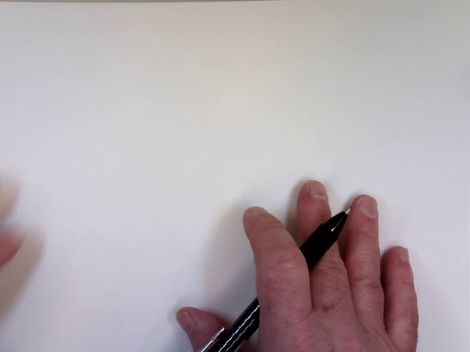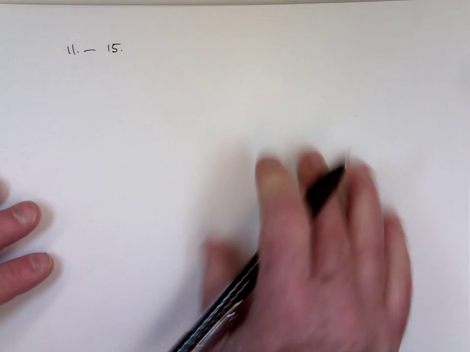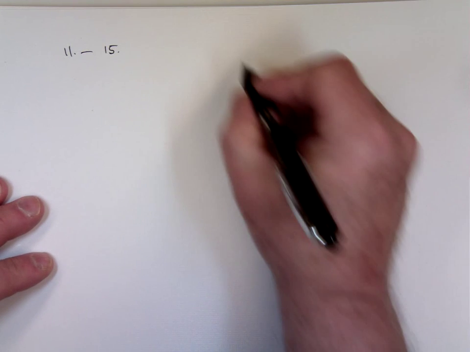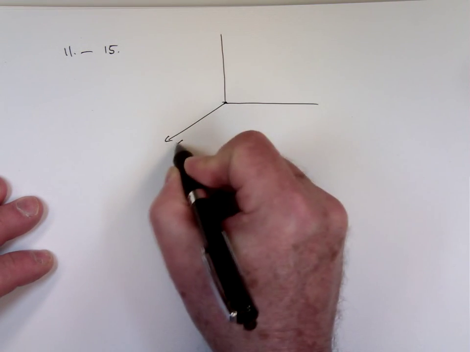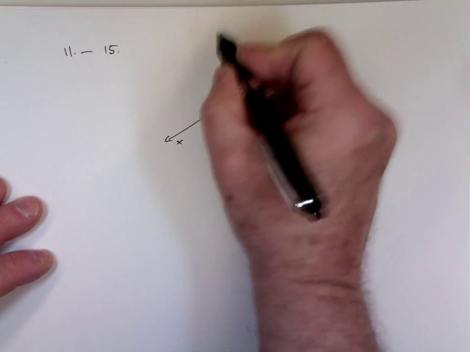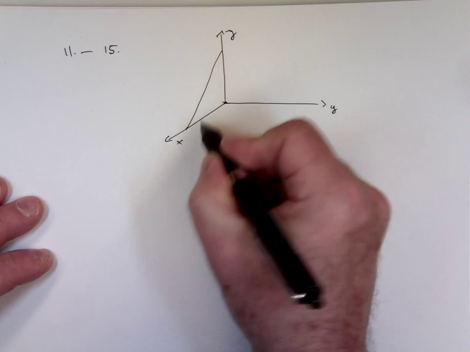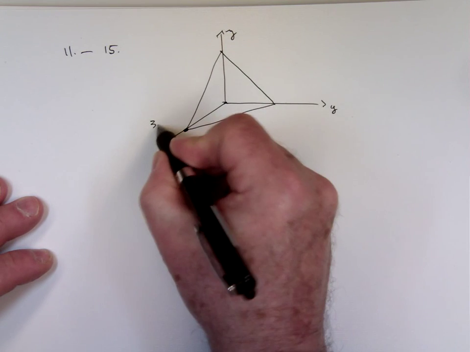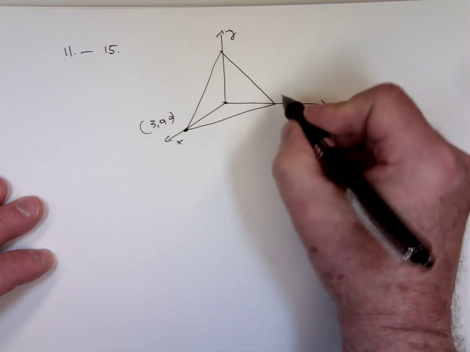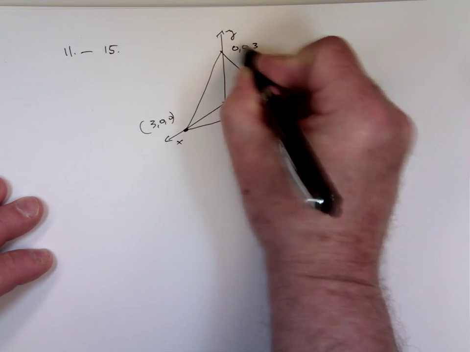Problems 11 through 15. Given a solid bounded by x plus y plus z equals 3. What do we have? We have a plane whose intercepts are 3, 0, 0, 0, 3, 0, and 0, 0, 3.